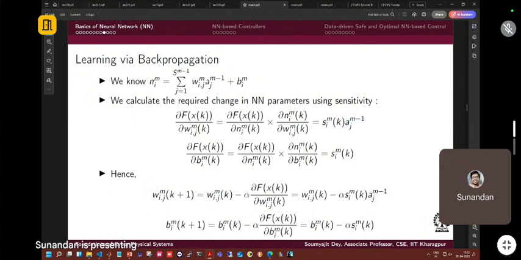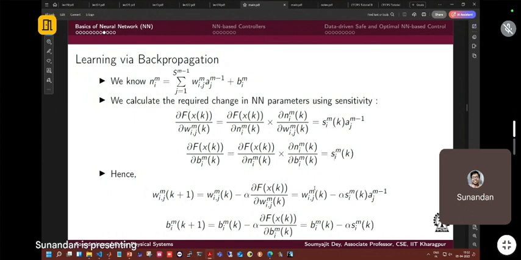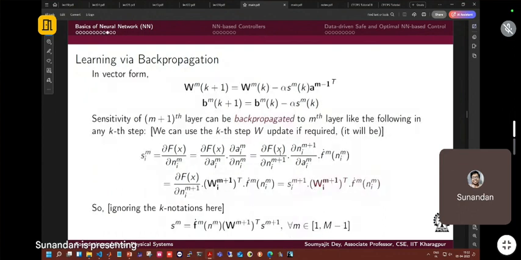If we take the derivative with respect to weight, we get the coefficient that is multiplied with the weight. If we do the same for bias, we only get the sensitivity. This is how we update the weight with respect to the sensitivity, and this is the final formula that we use to compute the new set of weights and biases using our sensitivity parameter.